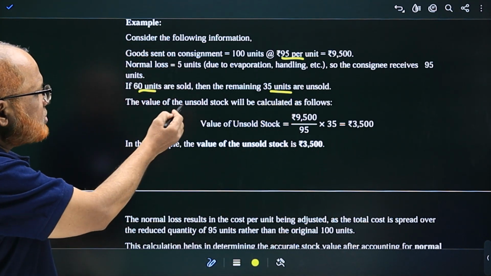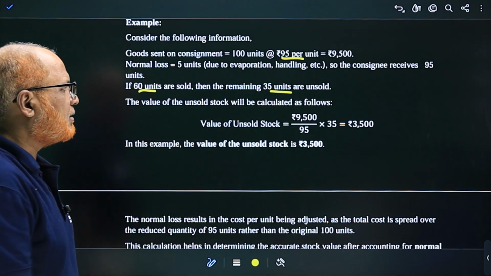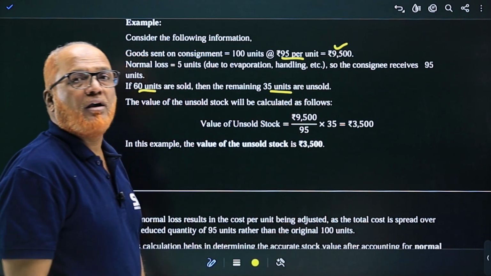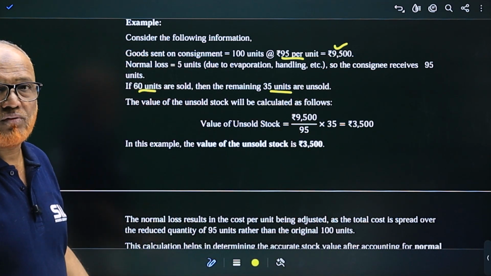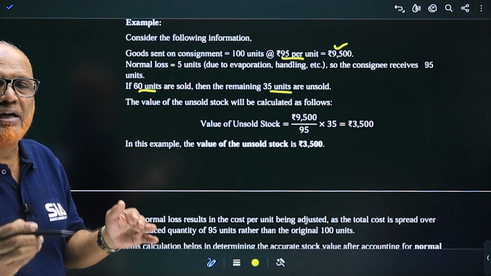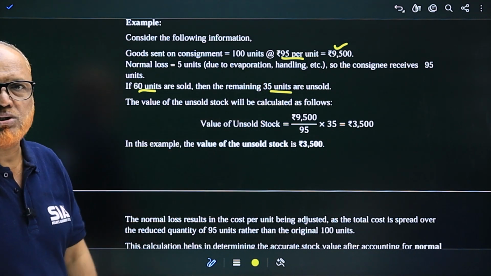Now the value of unsold stock will be calculated as follows. Here 9,500 is the total cost of 100 units. But how many units are actually received by the consignee? 95 units. 5 units are lost.